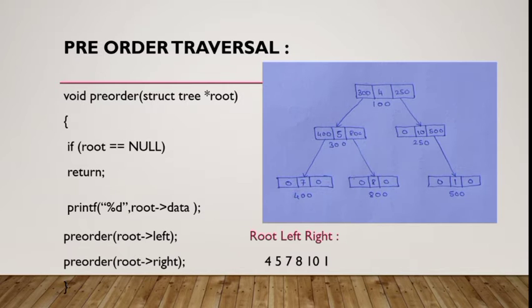Now 500's data is 1. 1 is printed and moves to the preorder of root of left, 0. 0 is passed, and the condition is true, and it returns. And preorder of root of right is also 0. It returns out of the if condition. The final traversal for the preorder traversal is 4, 5, 7, 8, 10 and 1.